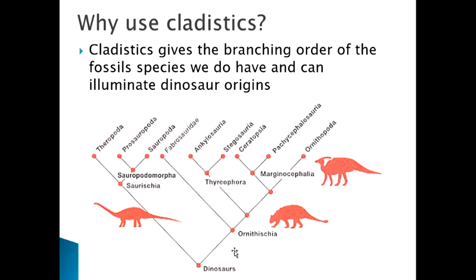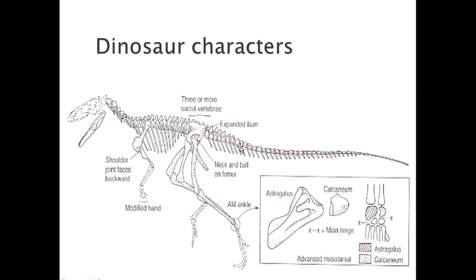And then how you interpret this is everything above a node has a particular set of characters that define the node, and everything below it doesn't have it. So for dinosaurs, everything above this node, all of this branching here, is included in what we consider dinosaurs, or the non-bird dinosaurs. Well, what is that? Let's look at some dinosaur characters real quick.